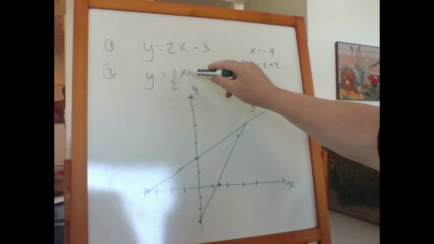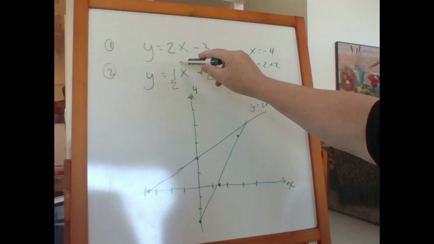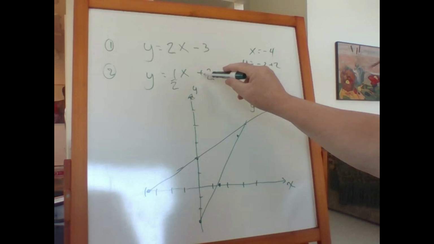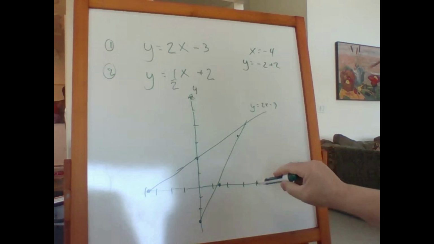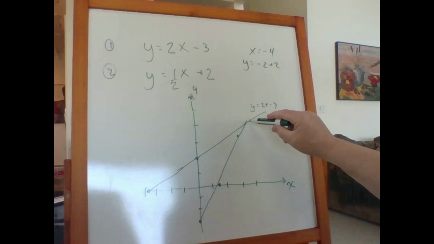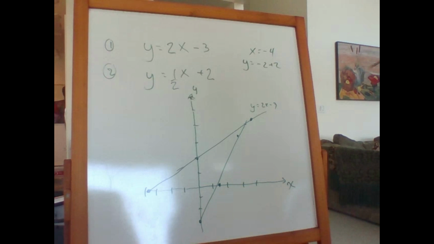No, I'm so sorry, if x is 4, that's 2. 2 plus 2 is 4. So 1, 2, 3, 4. And so our point is right there. It's near the point of intersection.